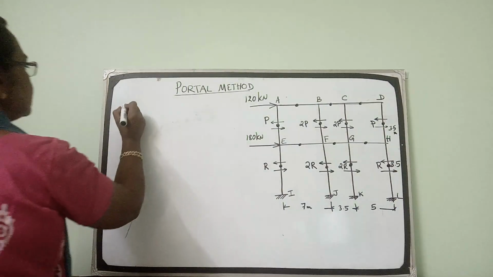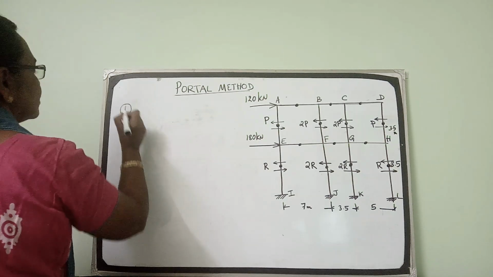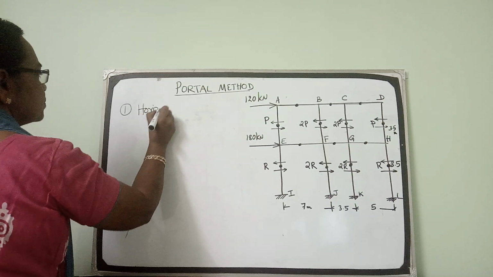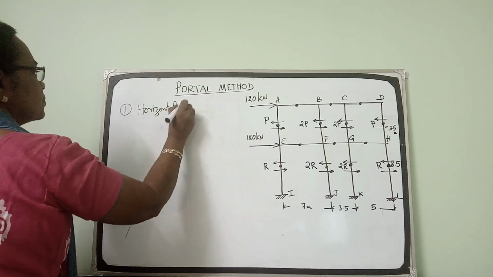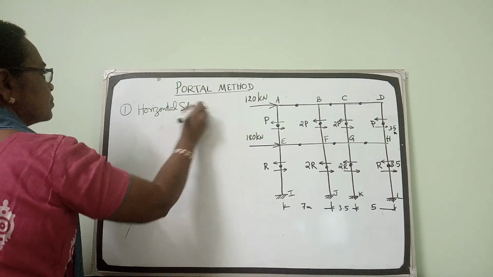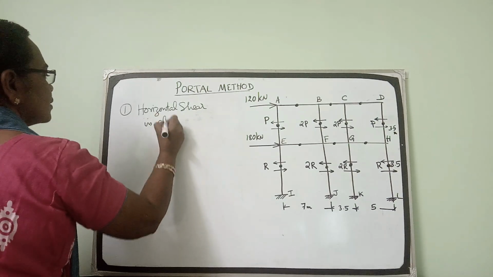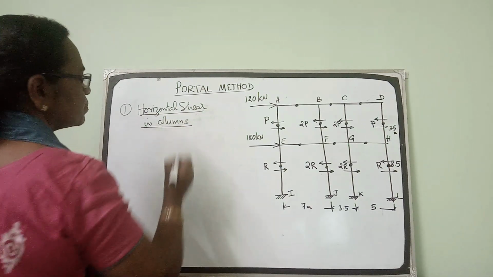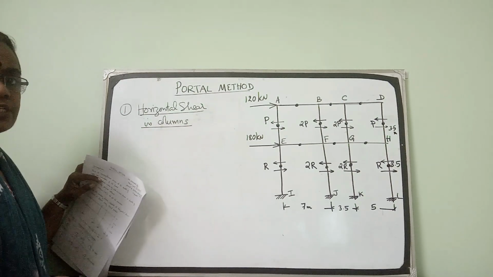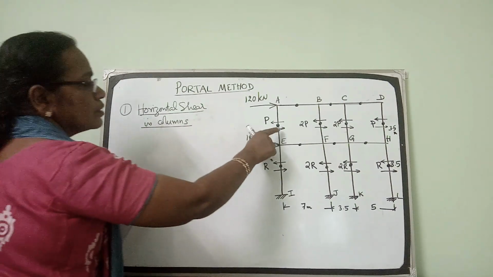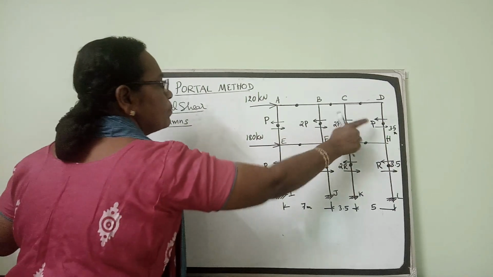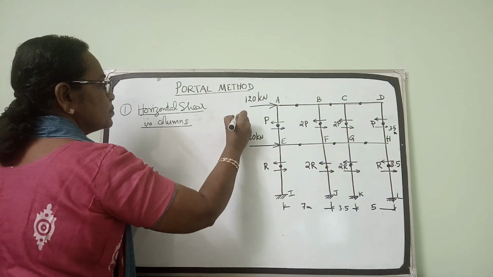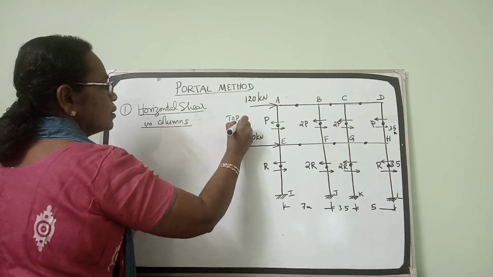So the first step is step 1, horizontal shear in columns. The horizontal shear in columns, see, P, 2P, 2P, P. So we will consider the top story. This is the top story.